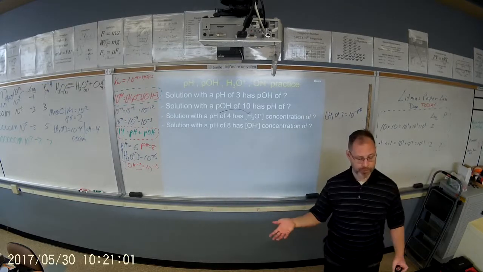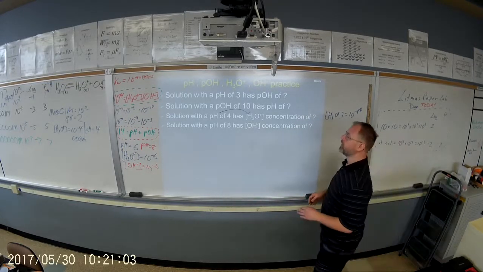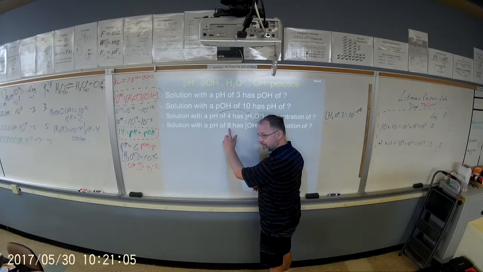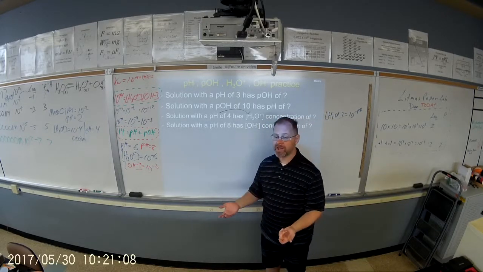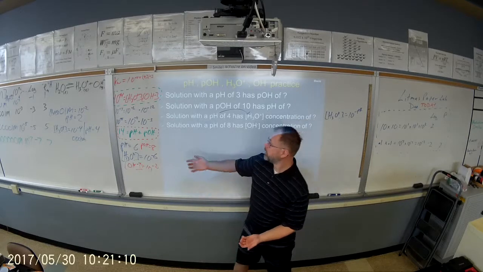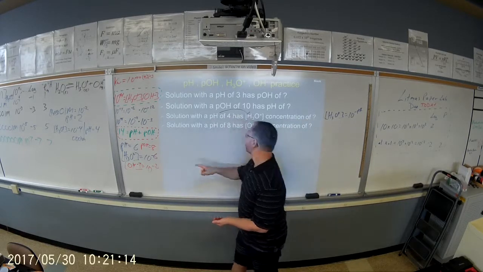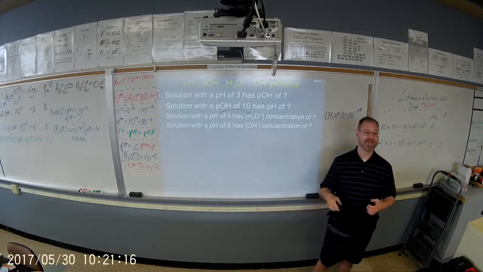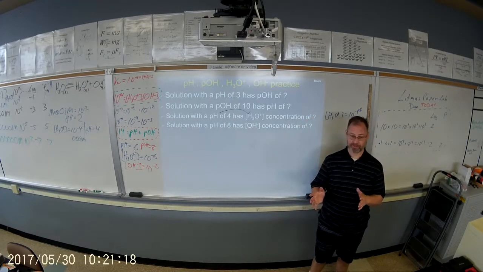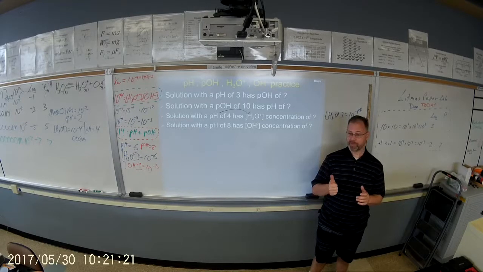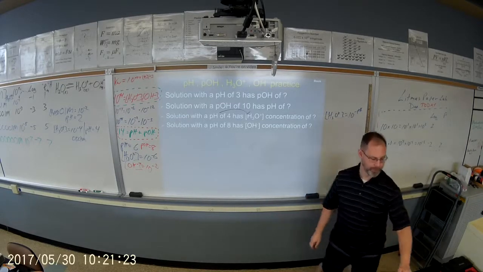I'll say that again for people who are just tuning in right now. If the pH is 8, that means the pOH has to be 6 because of this relationship. And if the pOH is 6, the hydroxide concentration is 10 to the negative 6. Okay. Give me a thumbs up if you got that. All right, cool. Bright bunch.